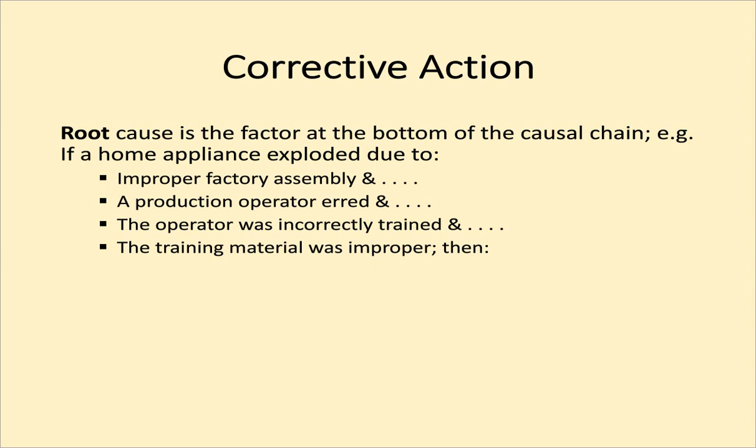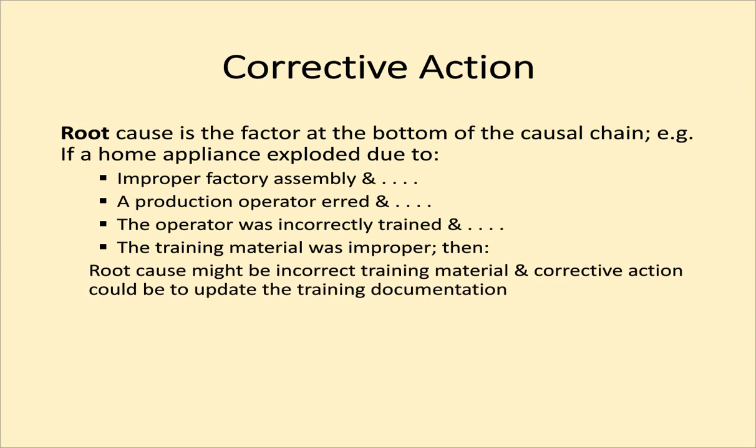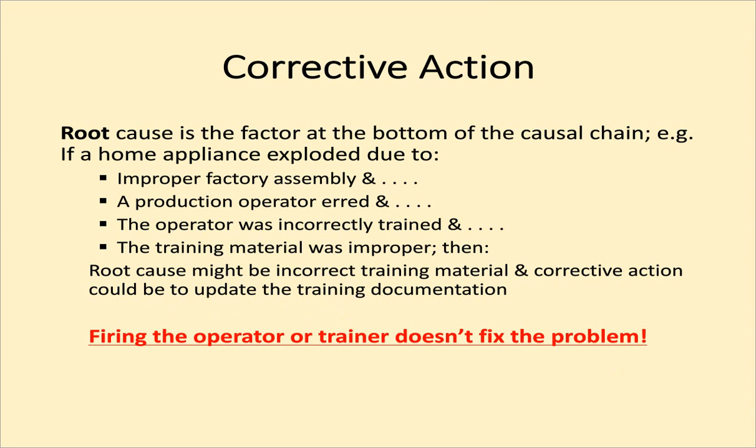We might end up with a valid corrective action that the training material needed to be updated. Unfortunately, manufacturers don't always go through that rigor, and just to exemplify in this example, firing the operator or the trainer wouldn't fix the problem here. The training material would still be defective and could result in future issues down the road.